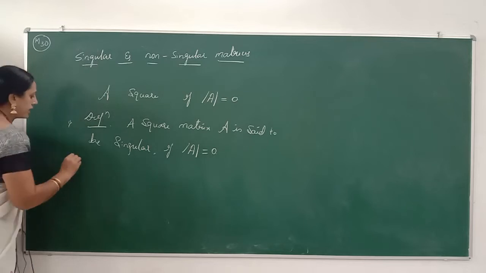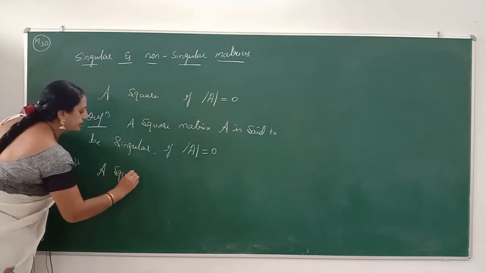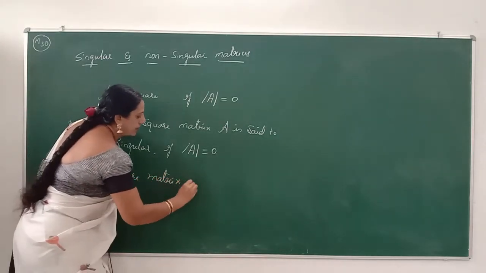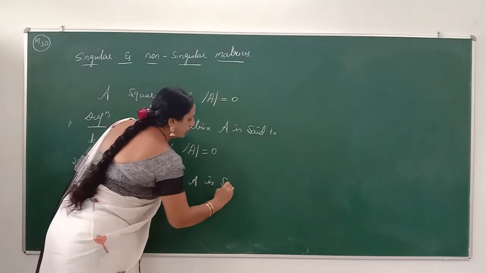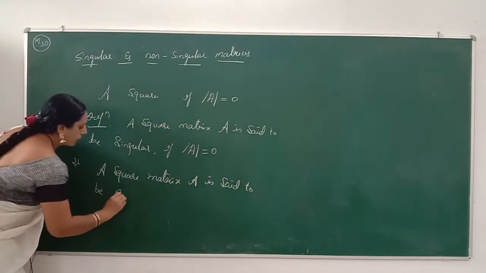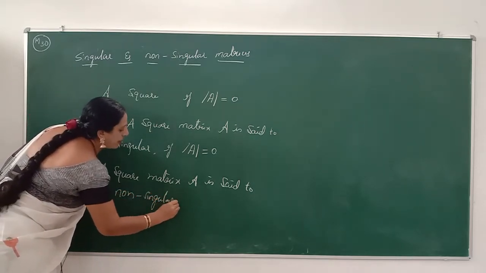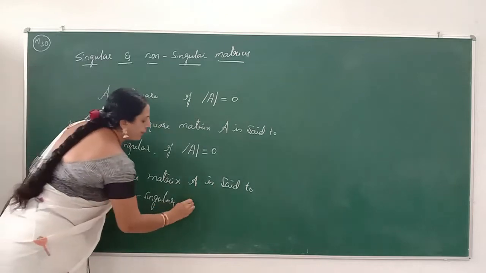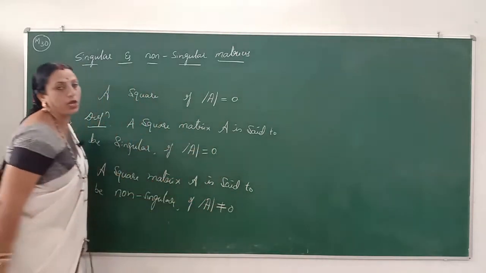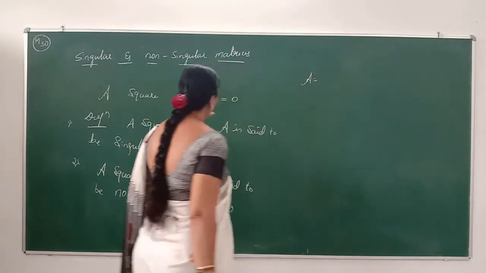Similarly, another definition: a square matrix A is said to be non-singular if determinant of A is not equal to 0. Therefore, let us give some examples for both singular and non-singular.